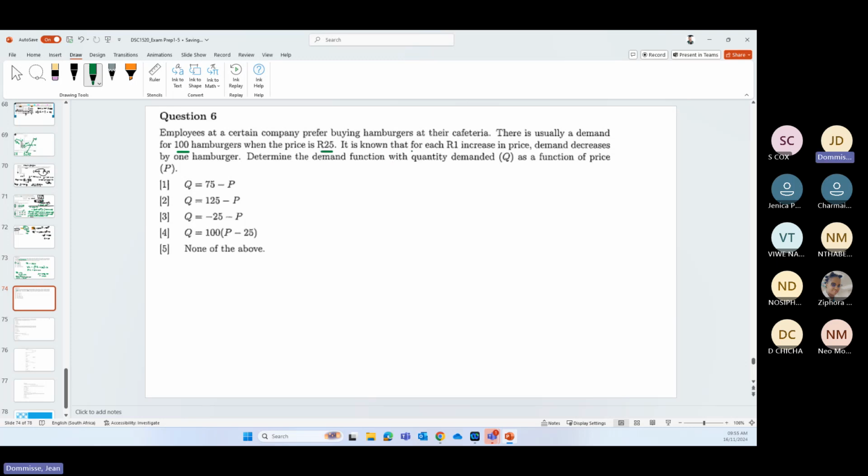It is known that for each 1 rand increase in price, demand decreases by 1 hamburger. Determine the demand function with quantity demanded Q as a function of price P. Okay, that is quite an interesting one.